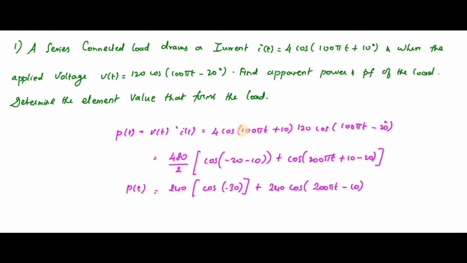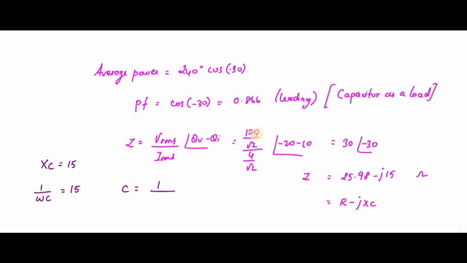Here the omega value is 100 pi, so 100 pi into 15. So the answer is 212.2 microfarad. Okay, so this is how the circuit is.